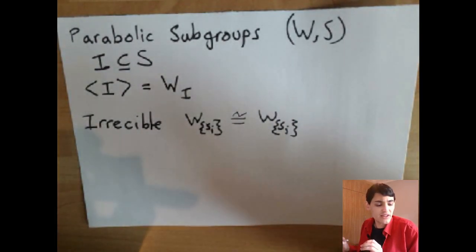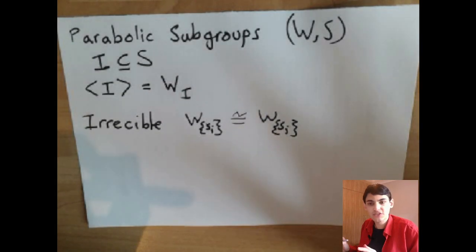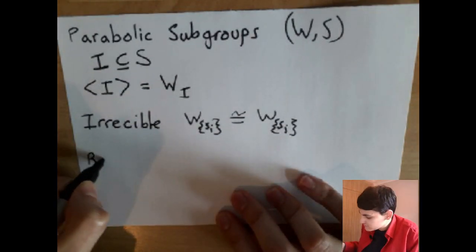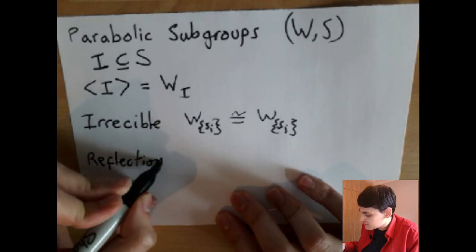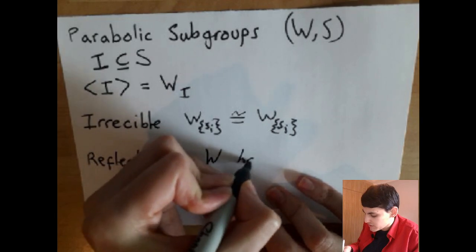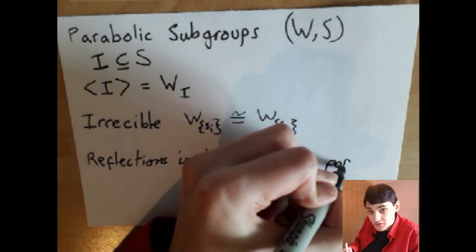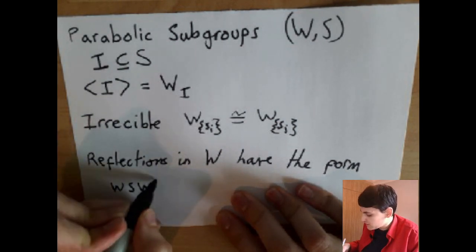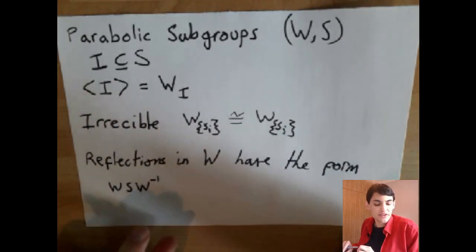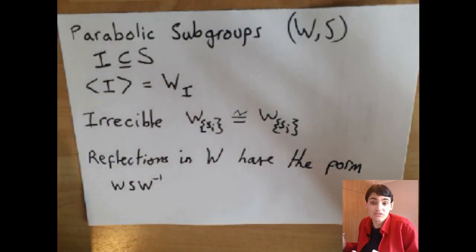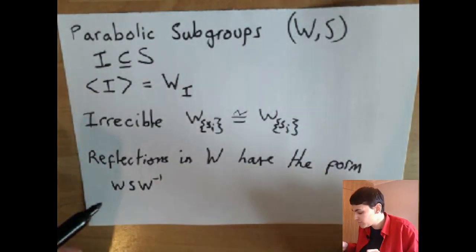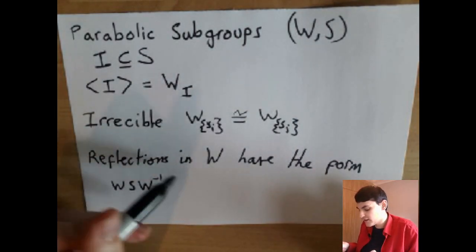I want to mention a nice corollary regarding reflections in Coxeter groups. It turns out that all reflections in W have the form wSw inverse. So if you take any reflection, an element of order 2, you can write it in this form.